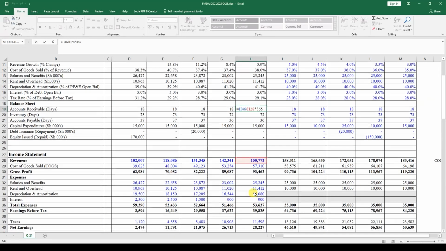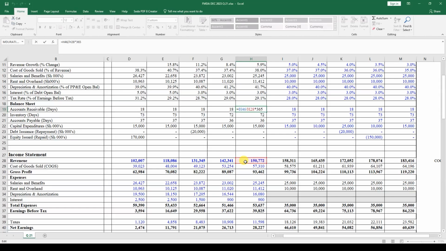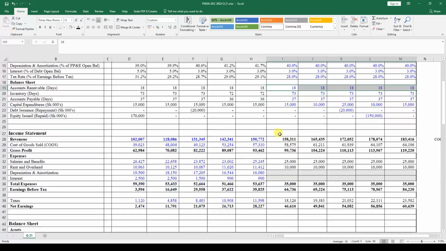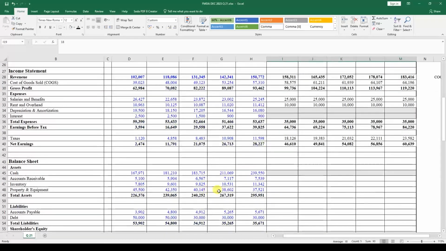We divide that by the revenue, and then we multiply it by 365 to get the days. Now that we've assumed the days are going to be 18 for the forecast period, and you can see this is the forecast period here, 2017, how do we model the accounts receivable here?